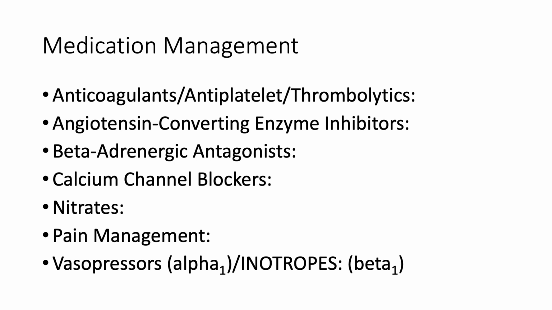So if someone comes in with unstable angina or an NSTEMI, we will use heparins or low molecular weight heparins to make sure that their blood is remaining thin so that flow continues in the coronary artery and no more clotting occurs. We also use antiplatelets for that as well, such as aspirin or clopidogrel.